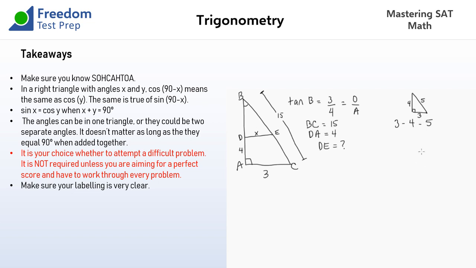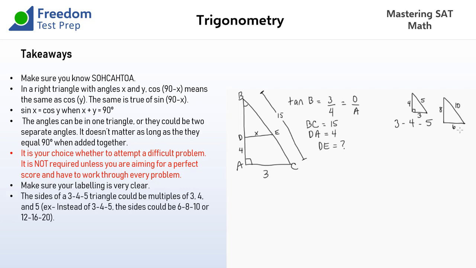The thing to know about a 3, 4, 5, or any special triangle, is that the sides don't literally have to be 3, 4, and 5. They could also be multiples. So instead of 3, 4, 5, you could have 6, 8, and 10. But if you recognize that as also a 3, 4, 5, you can get your answers relatively quickly.